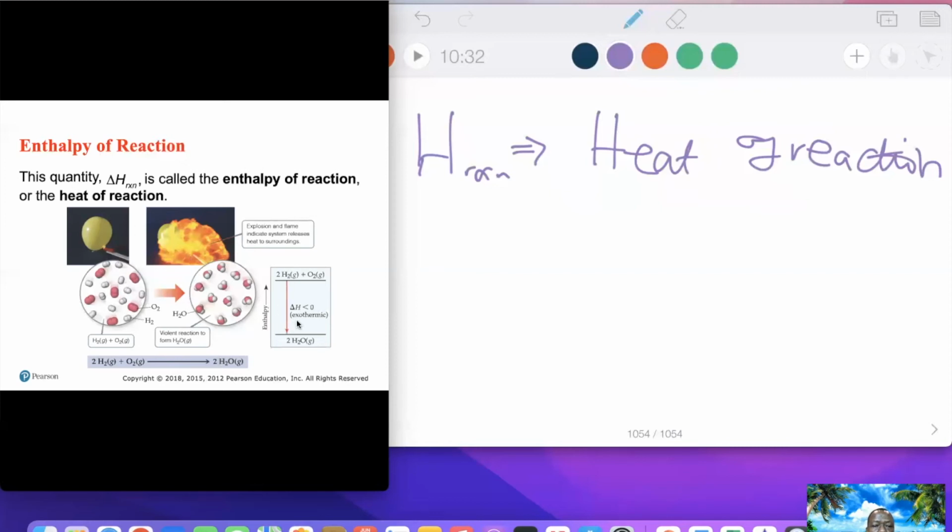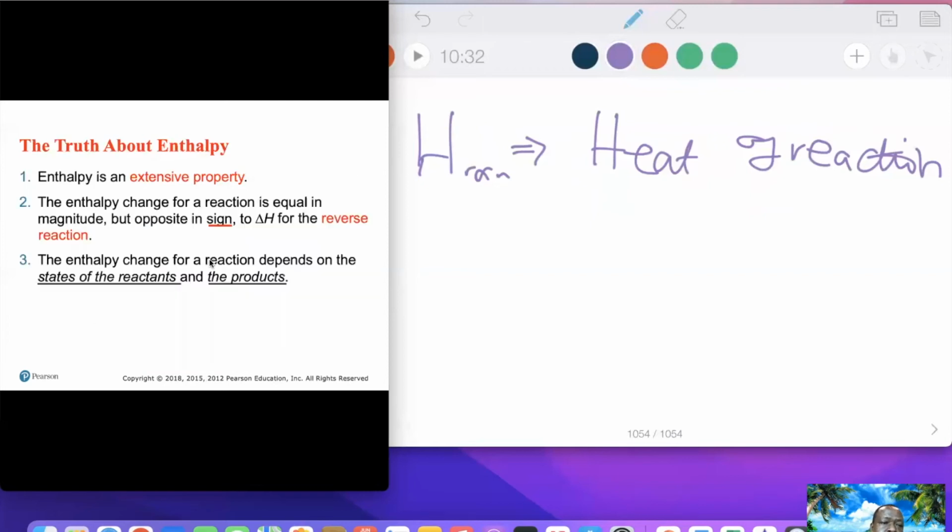Illustrate this. Anything less than 0 is negative. That means heat is given off. It's highly exothermic heat of reaction.